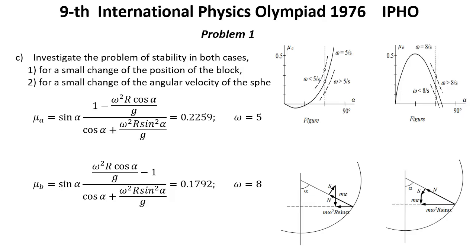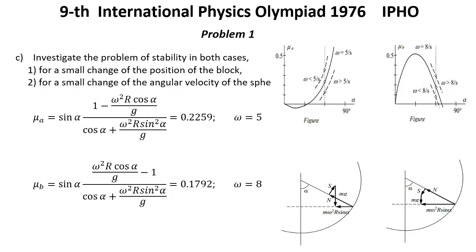Let's check what happened with the angle alpha. Because our angle is critical, if we move it a little bit down, we don't have enough force to struggle against the force of friction, so the body will stay in this position. But if we increase alpha, that will be the critical coefficient of friction, and our body starts to move in the opposite direction. So that was the first case.